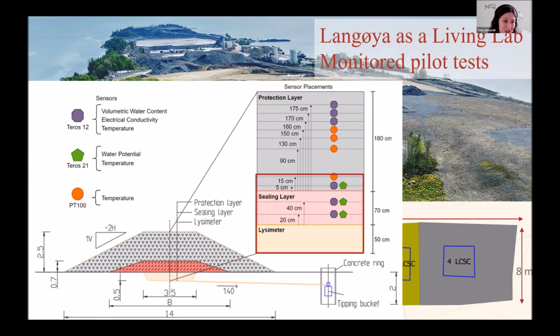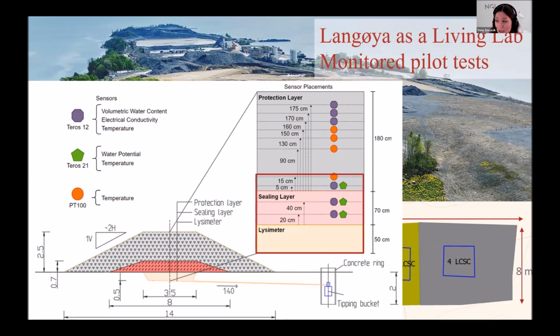And we have instrumentation in all of these layers, so we can keep an eye on temperature effects and how it affects the water content and electrical conductivity as well. And underneath each cell, we have a lysimeter, which measures the water that might percolate through the sealing layer. And this is being led to the side to a tipping bucket, so we can measure the amounts. And it also allows us to collect the water and do chemical analysis on that water.